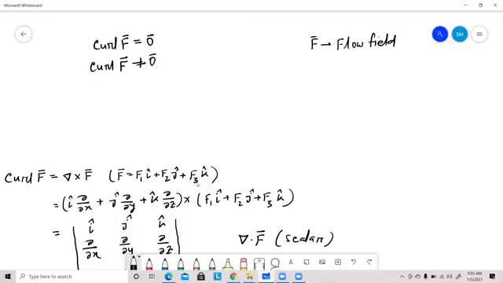Both are vectors, because we know the curl is always a vector quantity, and 0 is also a vector. So if curl of f equals 0 and f indicates the flow field, then the flow is irrotational.